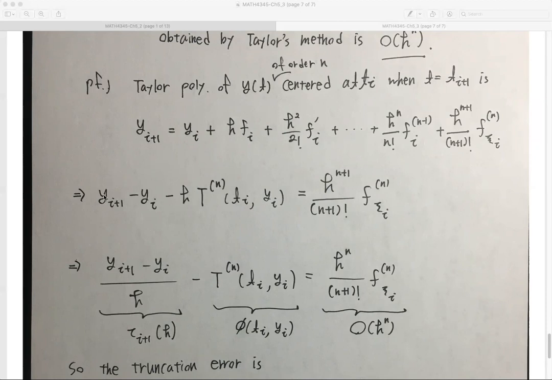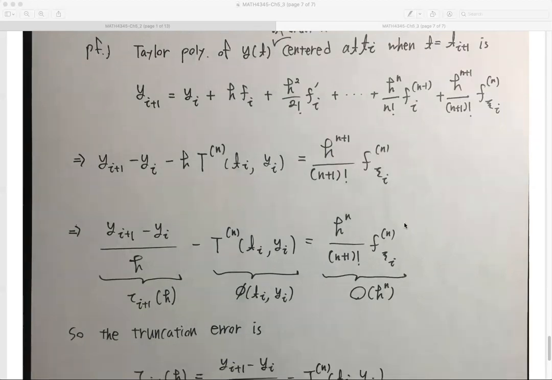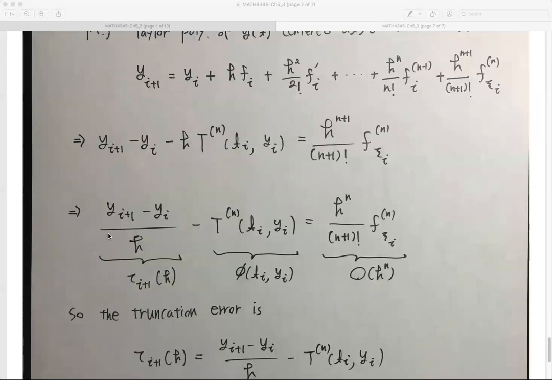Then we move all the terms on the right-hand side except the remainder term to the left-hand side. We got this. Now we divide by h. Then we get this.